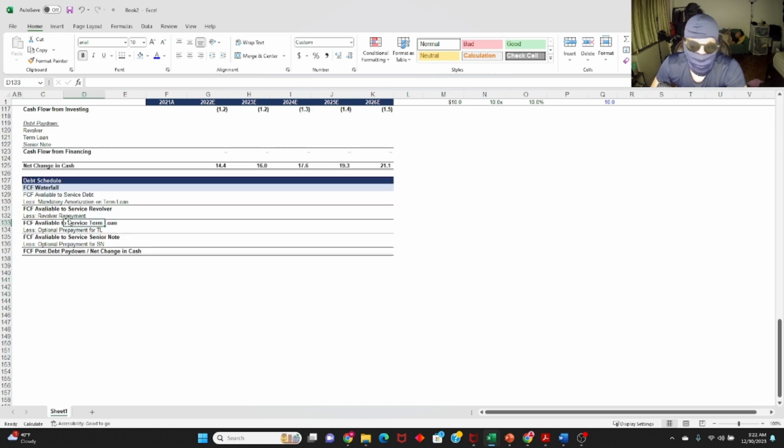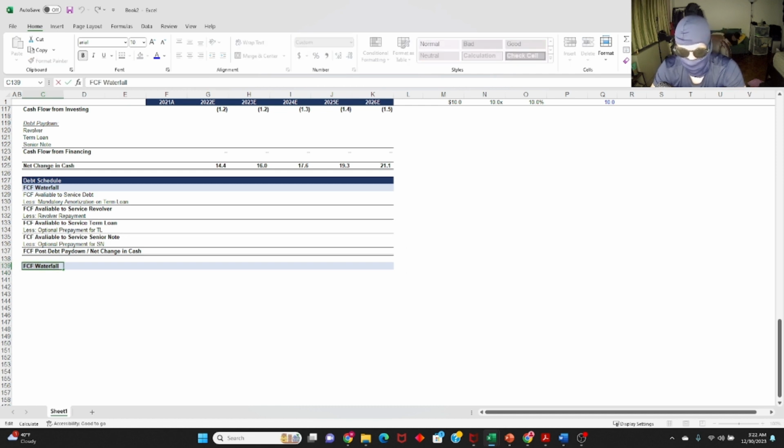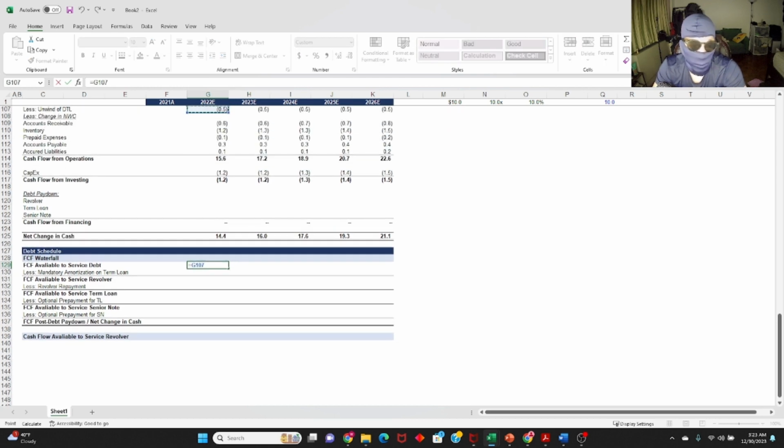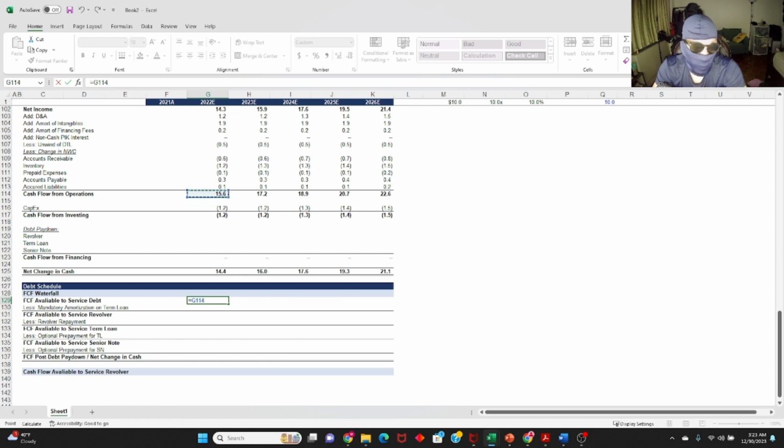So after you have this, now what you're going to do is go in and build out your debt schedule. So you're going to have your cash flow available to service revolver. And before we go any further, we're just going to fill it up here first. So you're going to have your free cash flow available to service debt in general. So it's basically going to be your cash flow from operations less your cash flow from investing.